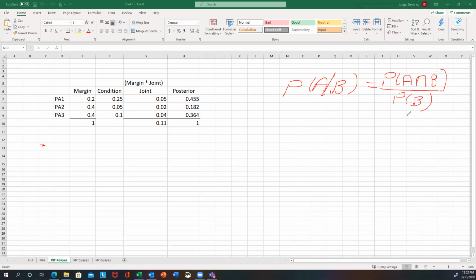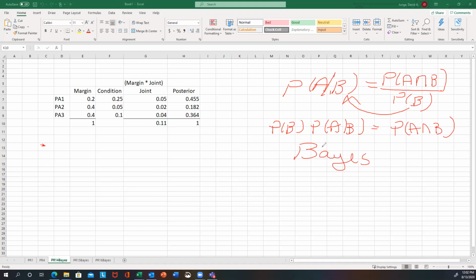So whenever you move this over to the other side of the equation, you get the probability of B multiplied by the probability of your condition also equals your intersection. That essentially is what Bayes' theorem is doing. So this is your margin, you multiply by your condition, and this gets you back to your joint.